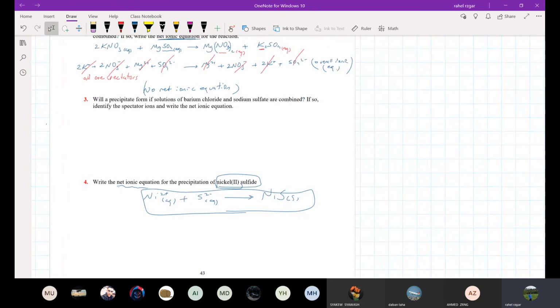But at this point, I have a question. If you reverse a reaction, like if you see a reaction that is the reverse of a net ionic equation, what would that process be? Exactly the opposite of a net ionic equation. What's that process?